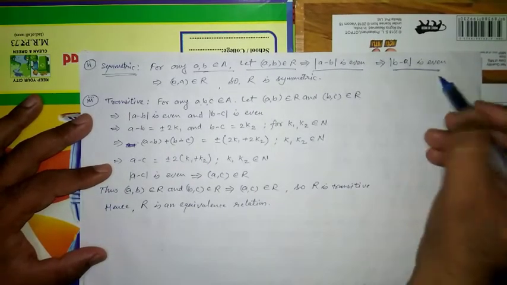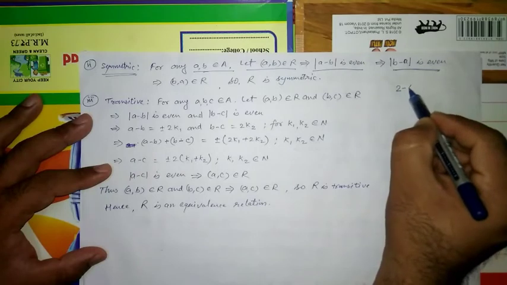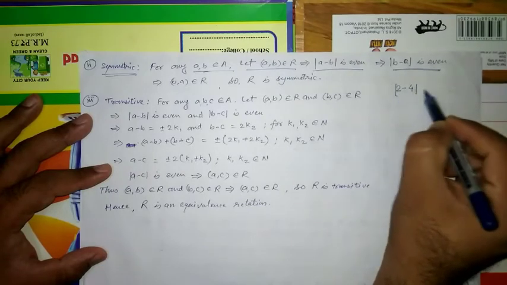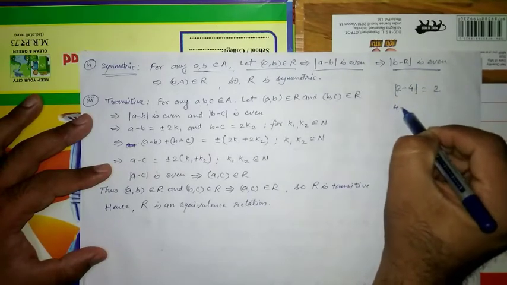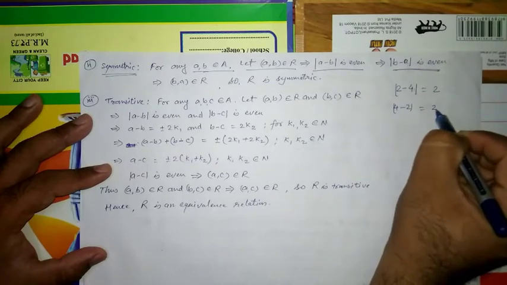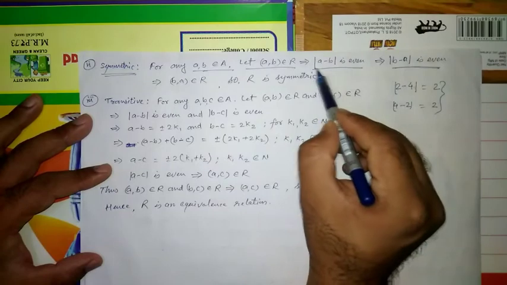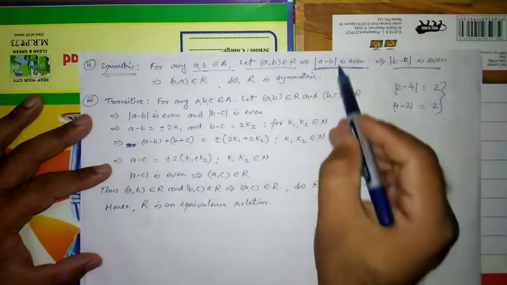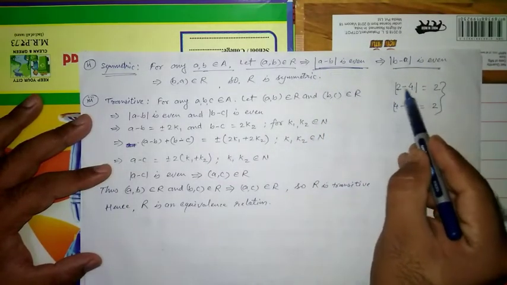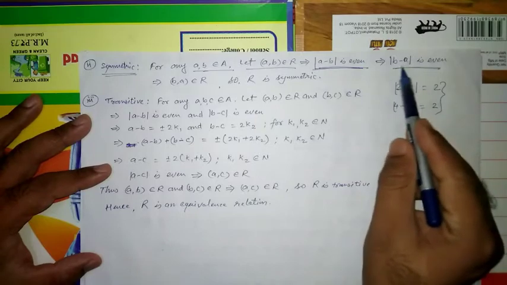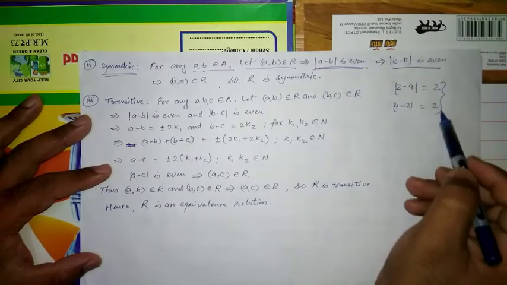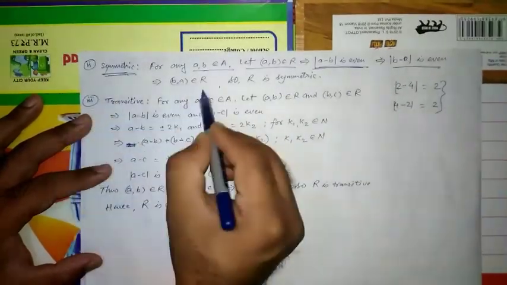Why? Because 2 minus 4 is equal to minus 2 and 4 minus 2 is equal to 2, therefore we can say this is even. If we take 2 minus 4 or 4 minus 2, then definitely we are getting the same thing only. That's why it is symmetric.